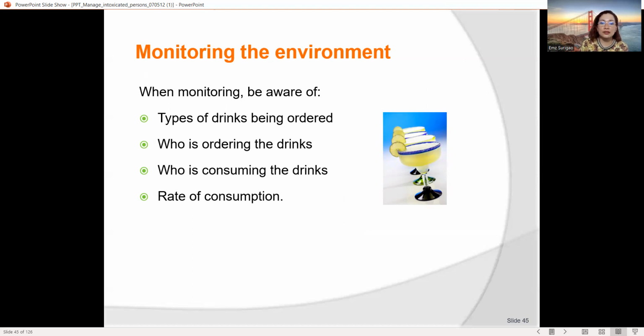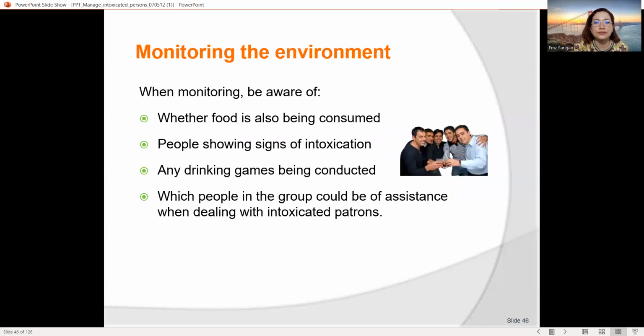So if you're the bartender, or a staff member or a manager who is monitoring all the guests, try to check how much alcohol that customer is consuming. So you need to observe. When monitoring, be aware of the following: whether food is also being consumed.